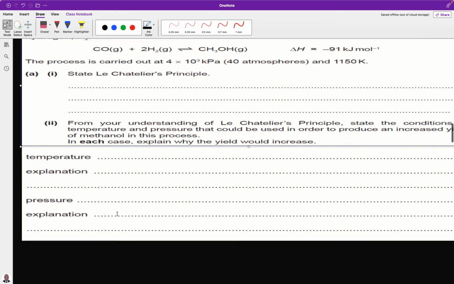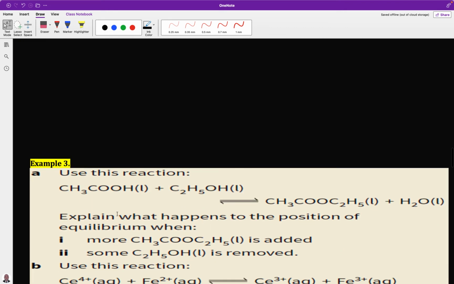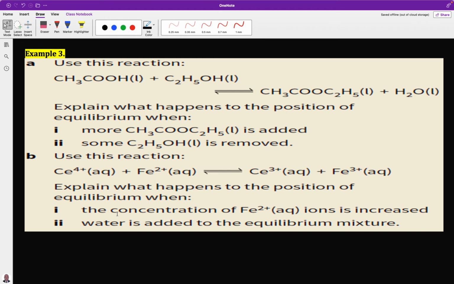Okay, then let's go to the third question. The third question here says, use this reaction. We have ethanoic acid and ethanol reacting in an equilibrium.